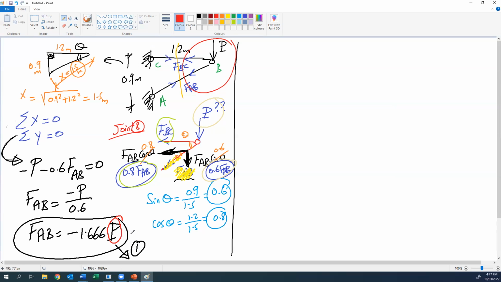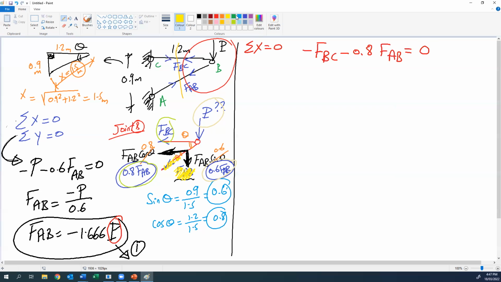Okay. If we apply the second equation, summation x equal to 0, we know that we have negative FBC and negative 0.8 FAB should be 0.